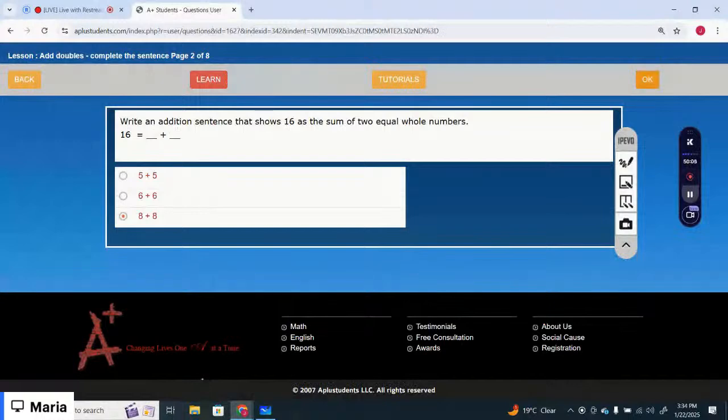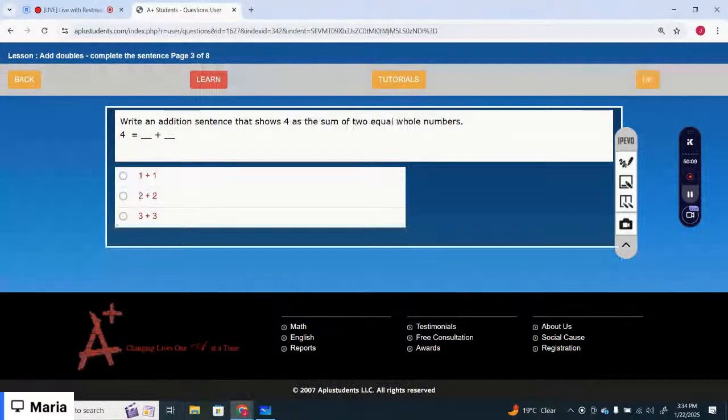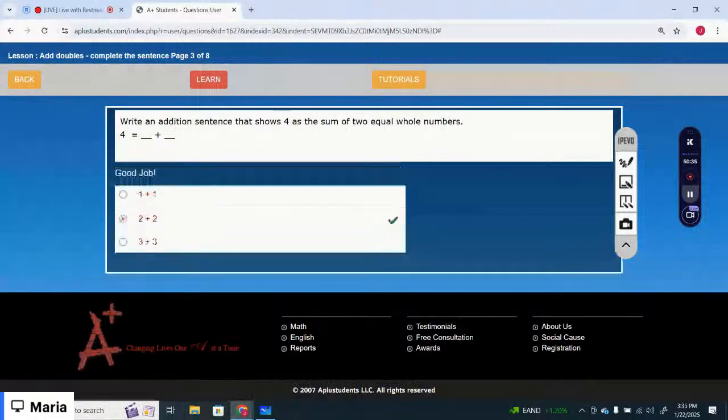Option number 3 is the correct option. Write an addition sentence that shows 4 as the sum of two equal whole numbers. That is 2 plus 2 makes 4. Option number 2 is the correct option.